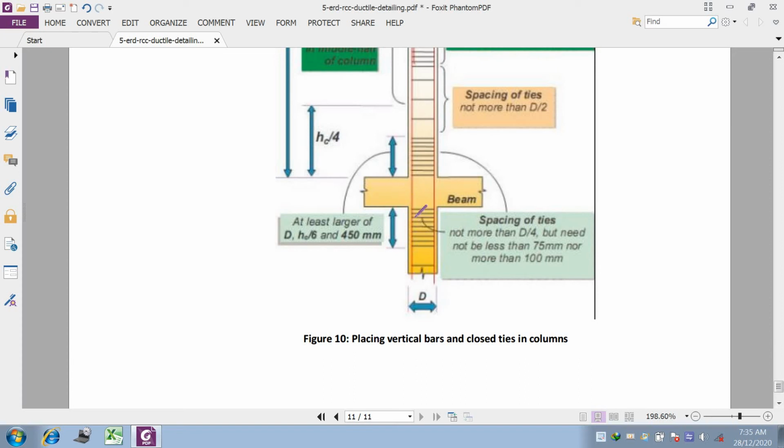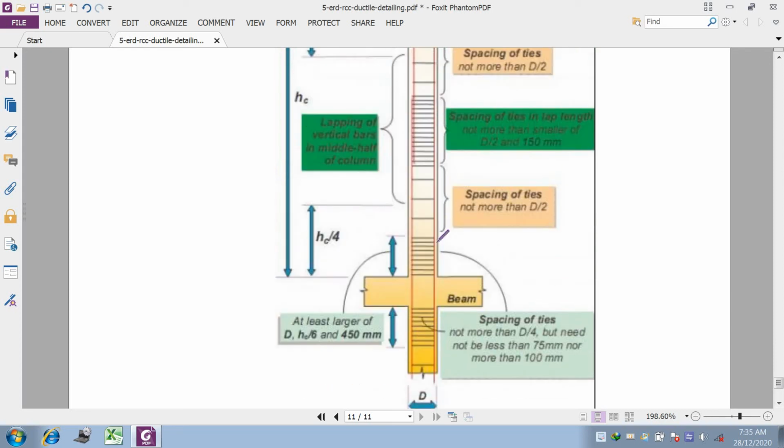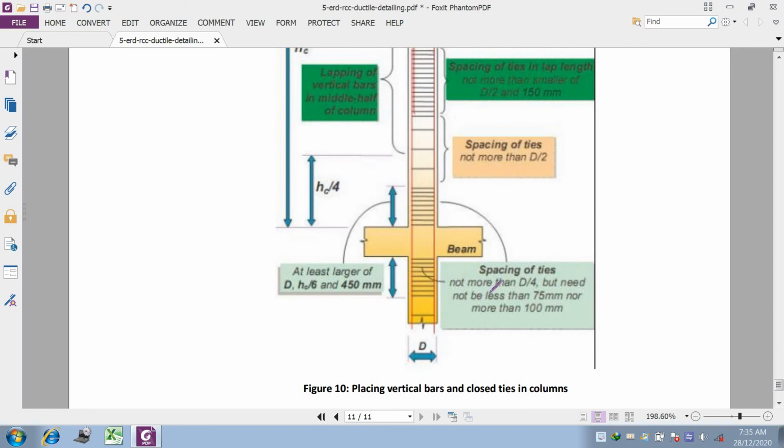We can see that after the foundation, where the tie beam is provided, the minimum height should be provided as HC by 6 or 450 mm. Then at the upper part of the beam, the spacing of the tie should not be more than D by 4, but not less than 75 mm, nor more than 100 mm.